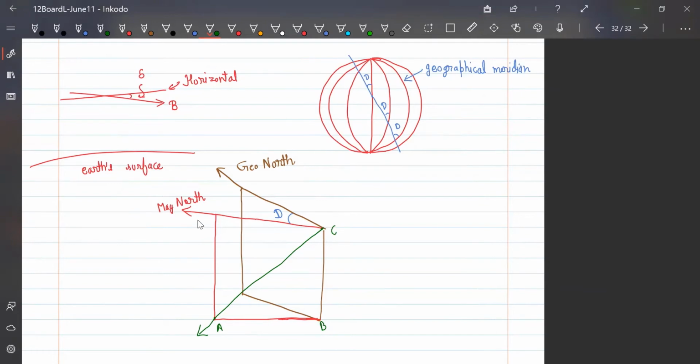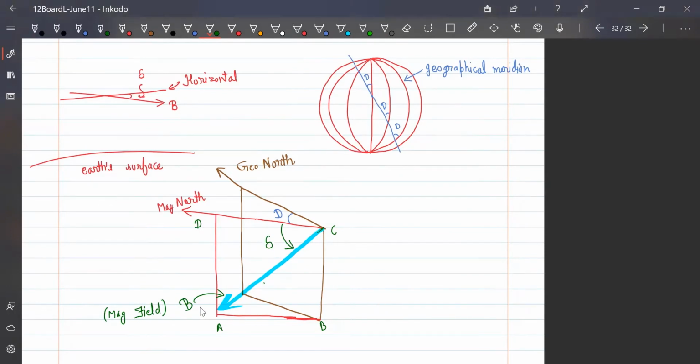ABCD is the plane in which our magnetic field direction is from C to A. And this magnetic north is also horizontal. The magnetic field direction goes below the horizontal. This blue arrow shows the magnetic field direction. How far below the horizontal it is, that is the angle of dip.